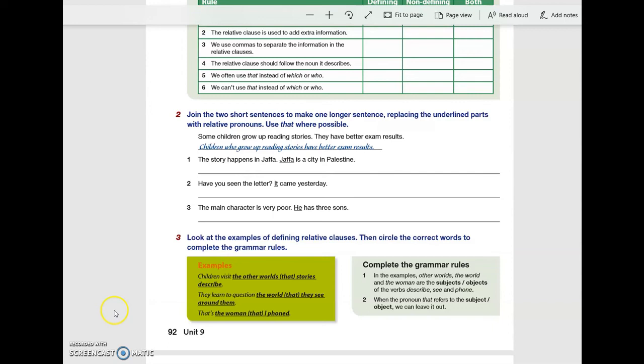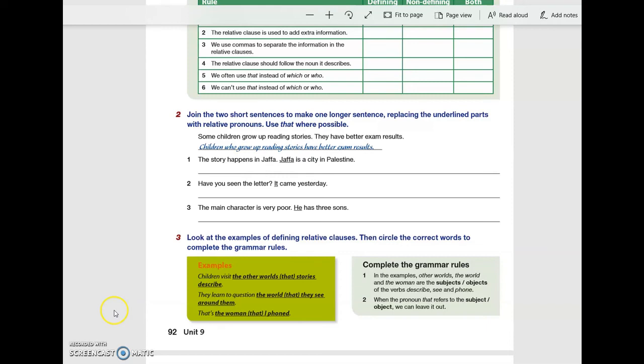That's the woman that I found. That refers to the woman. These sentences are defining, and we can reduce that in the first sentence, the second sentence, the third sentence. We can remove, cross out, delete that.